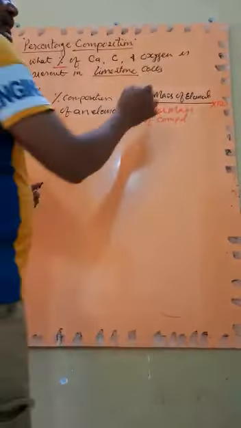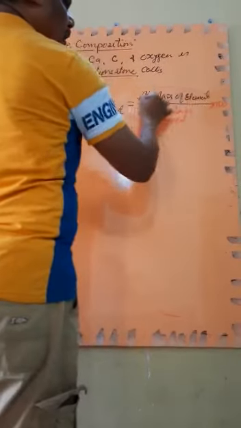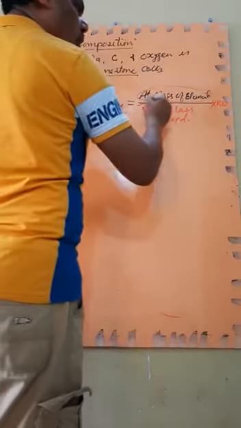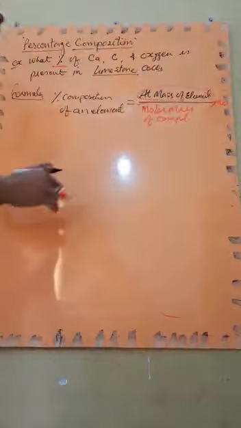That is, here we require the atomic mass, we require the molar mass, and then we have to multiply by 100.